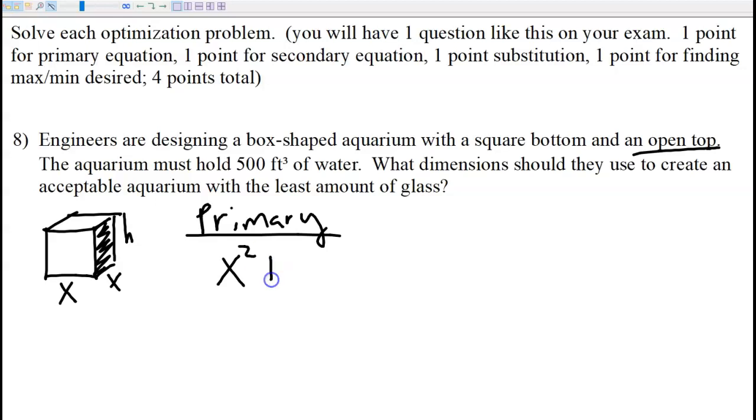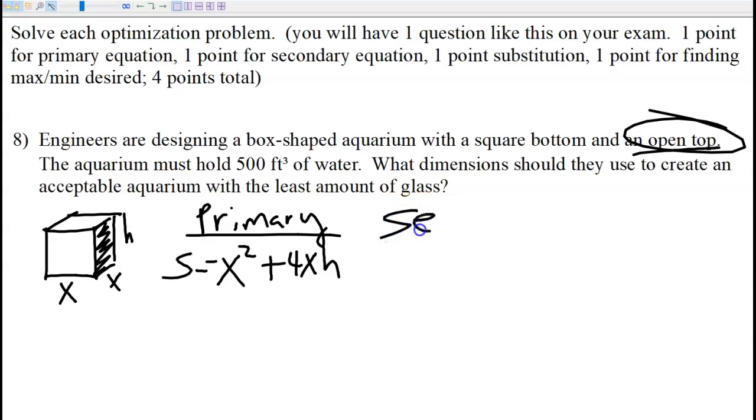So we have 4xh. And putting all that together, we have our total surface area. You'll notice I didn't count the top, and the reason why is because the top's open. There is no glass on the top, so we're not going to include that. So that's my primary equation, which represents the surface area. That's the thing I'm trying to minimize. I want to have the least amount of surface area possible.